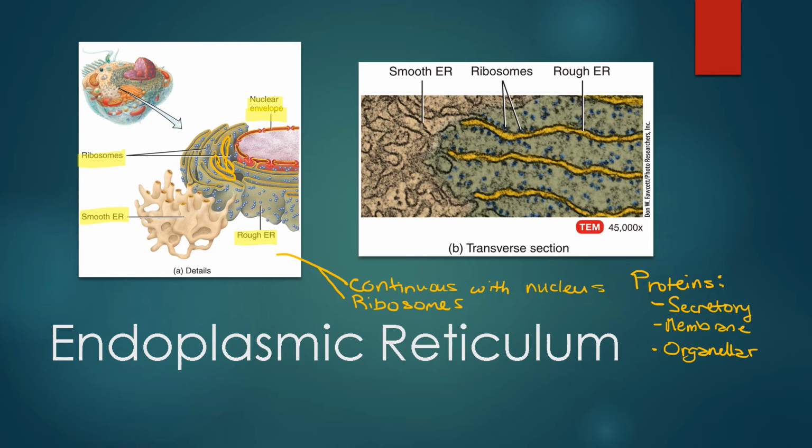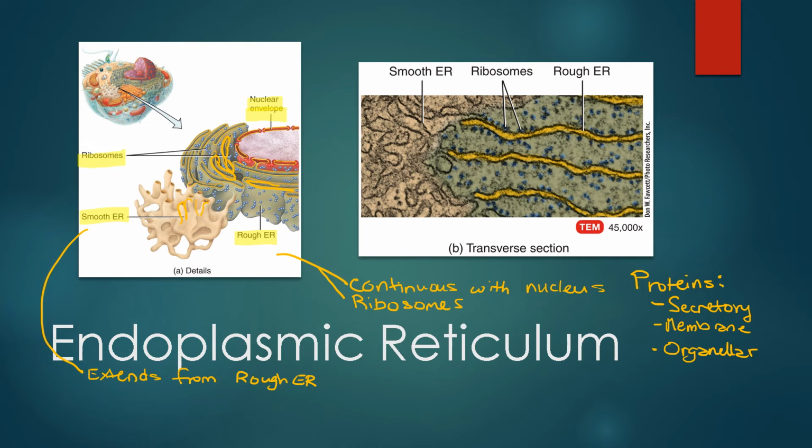Okay, then we have the smooth ER, and this one extends from the rough ER and it really just forms a network of these membranous tubules. So you can kind of see here the rough ER is very flat and kind of folded, whereas the smooth ER kind of forms more of these little tubes.